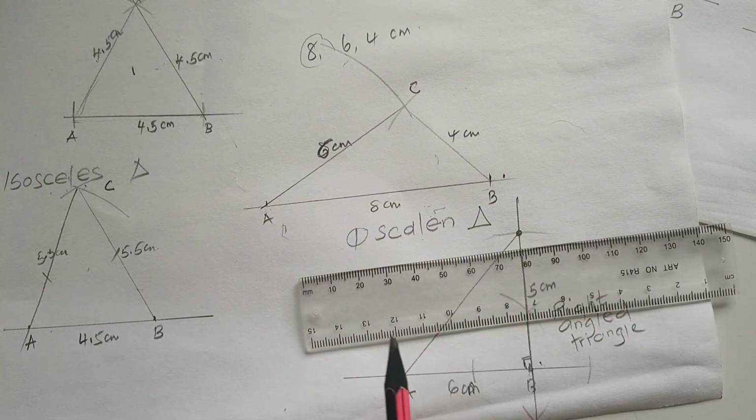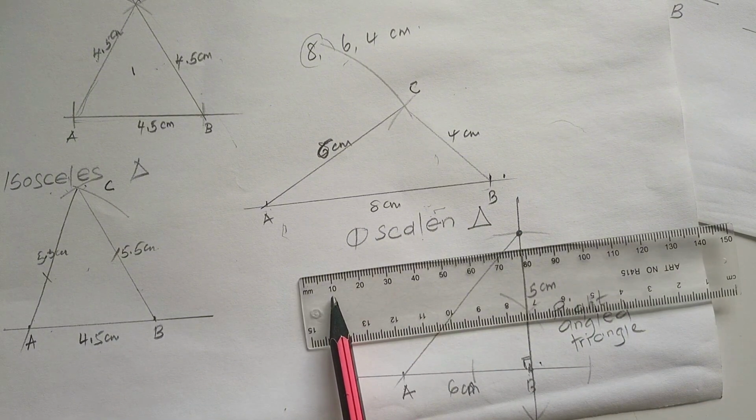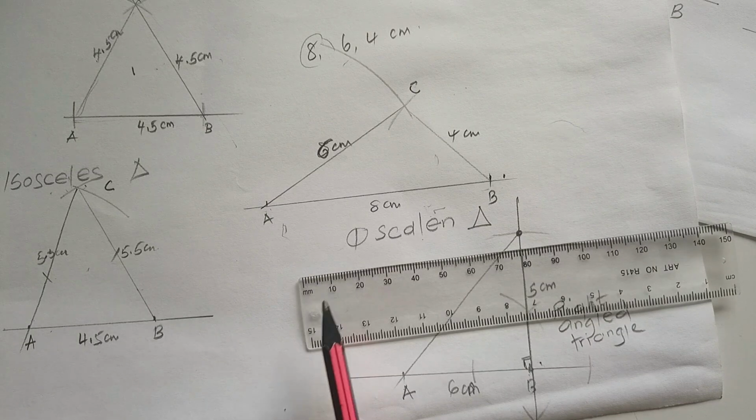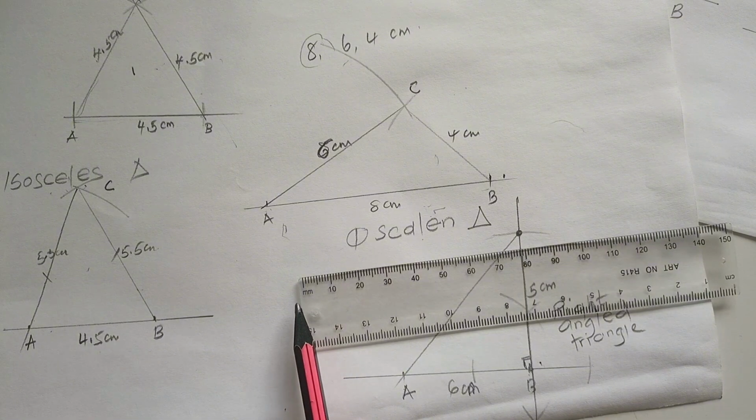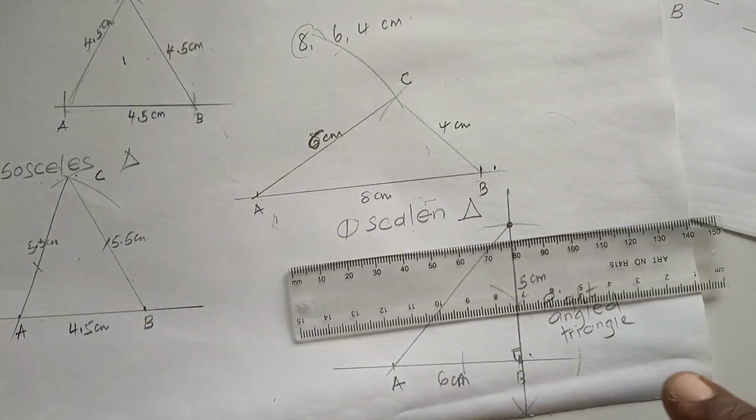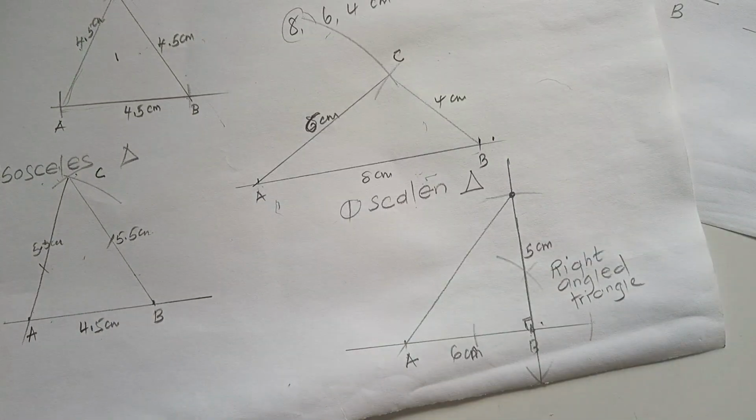You don't forget and begin counting from 10 because you'll be 10 millimeters less. So you begin at exactly 0 because when we are measuring distance, lengths and such like, we normally begin from 0. So be tidy when you are drawing so that in future you can become a real good engineer.